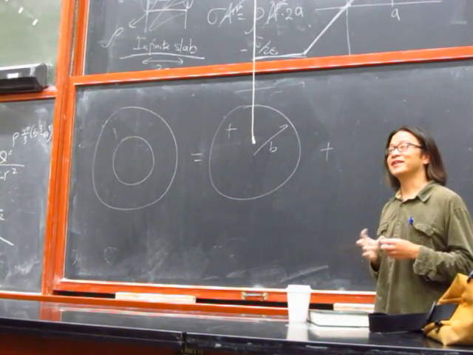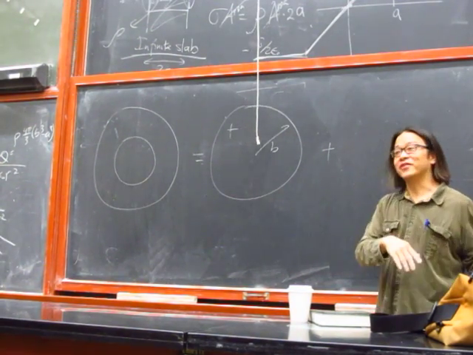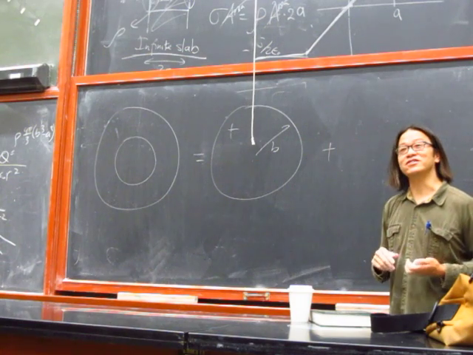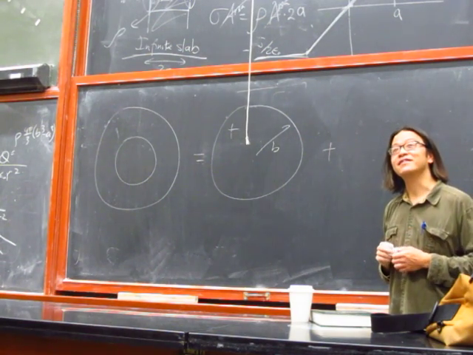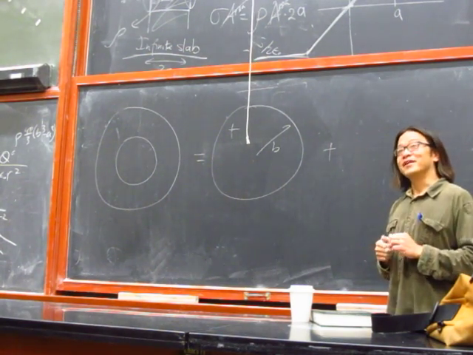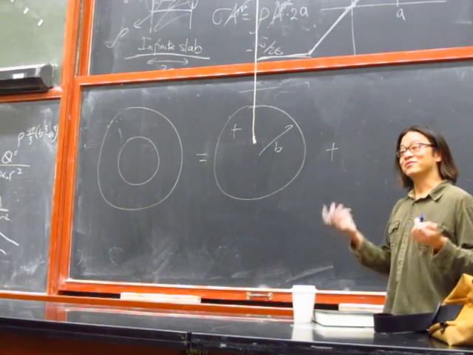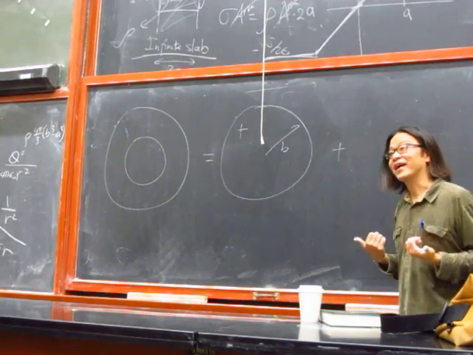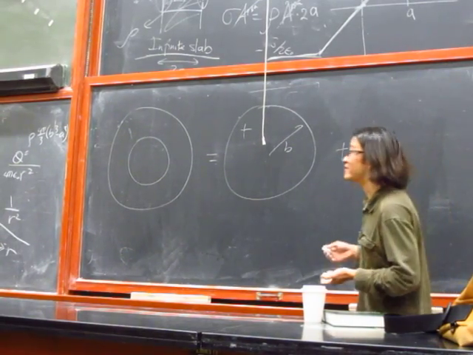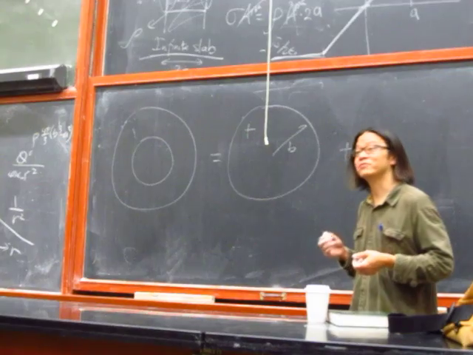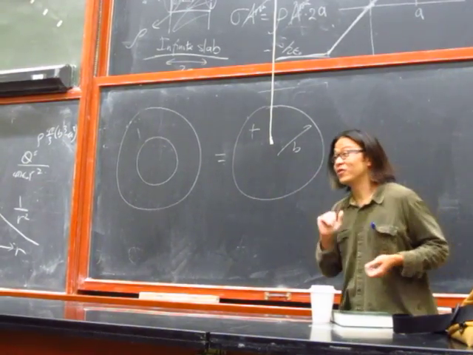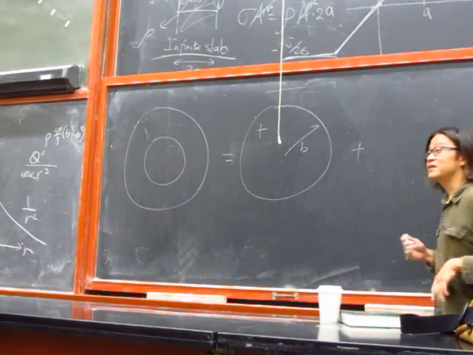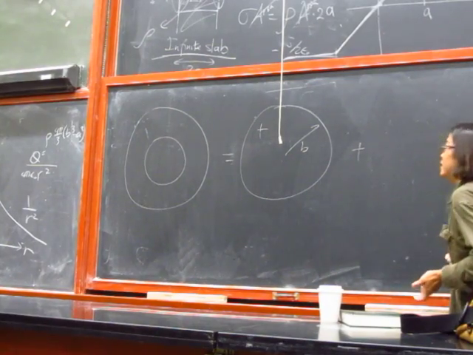Remember, the fun thing about electricity compared to gravity is that there are two kinds of charges. With gravity, everything is attractive. But for electrostatics, you have two kinds of charges, so you can either repel or attract. Both satisfy the principle of superposition, so you can play games to solve the problem.